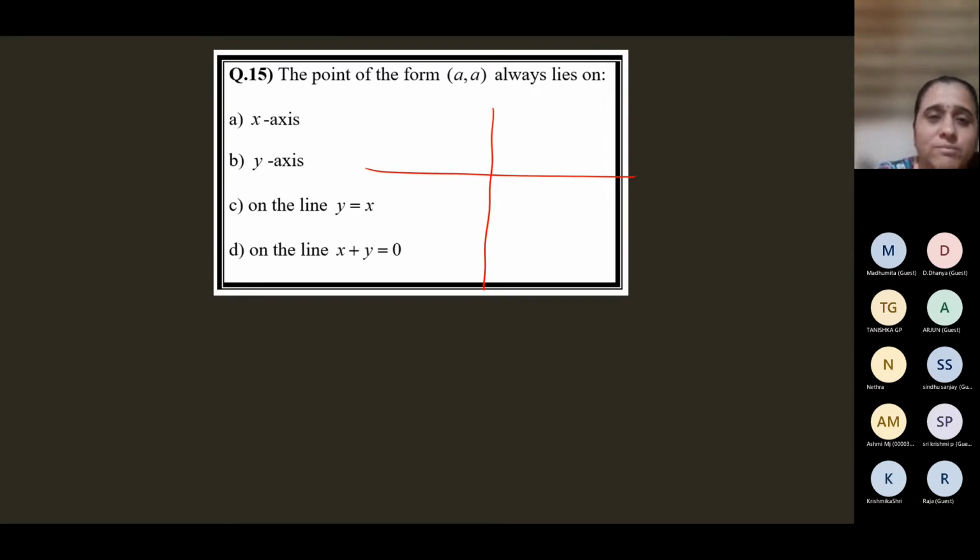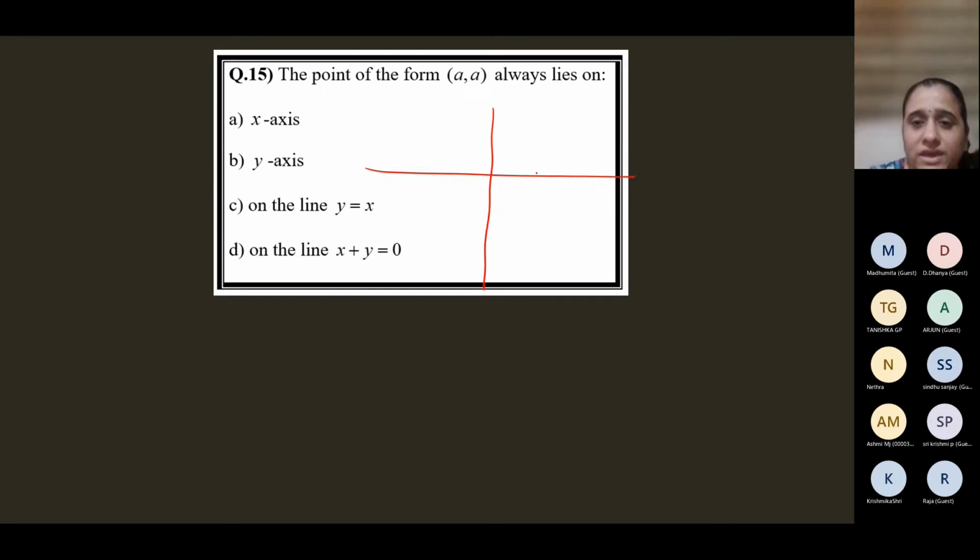If I say any particular point, how many answers can you think of? A point can lie in the first quadrant, second quadrant, third quadrant, fourth quadrant, then where else can it lie? It can lie on the x-axis, it can lie on the y-axis.